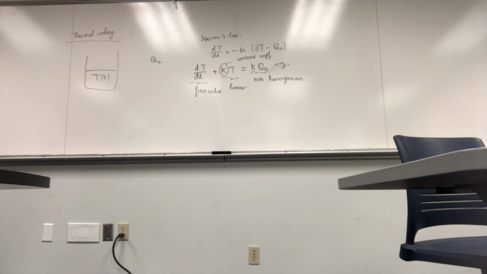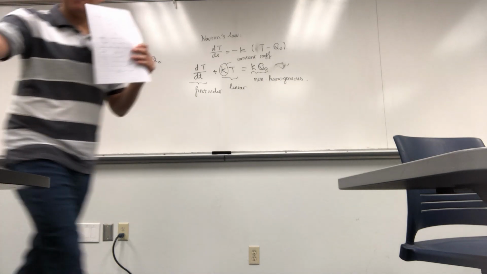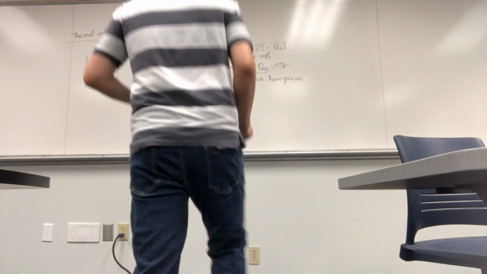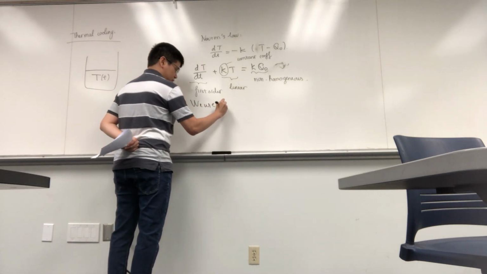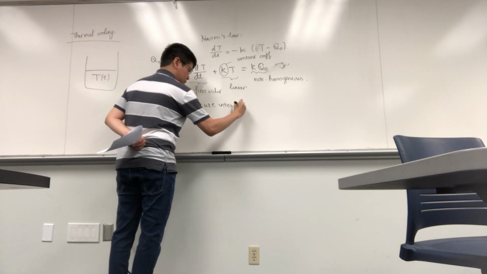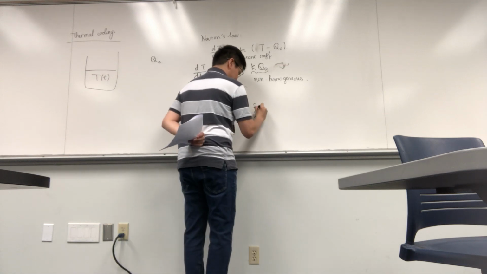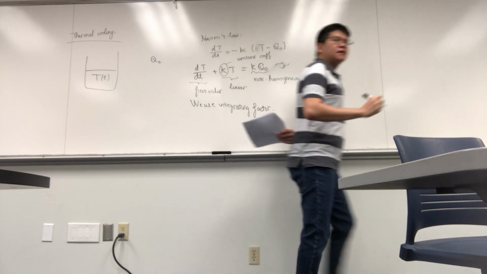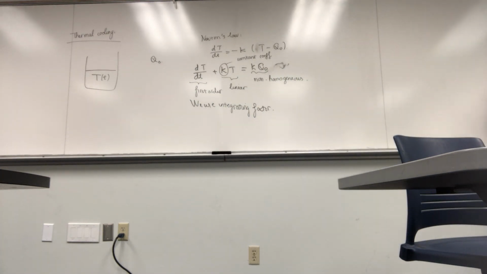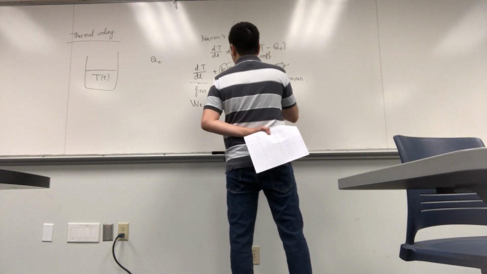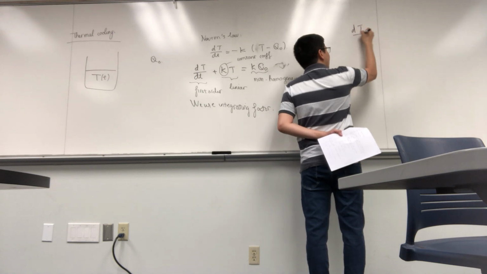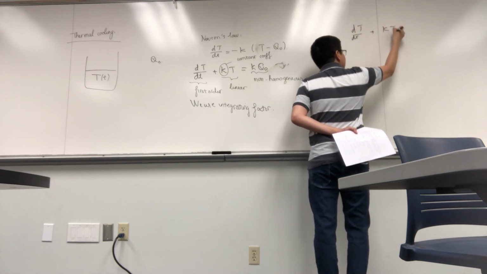We could use the integrating factor method. So what is the integrating factor in this case? E to the kt. So in this case, we have dT over dt plus kT, right?